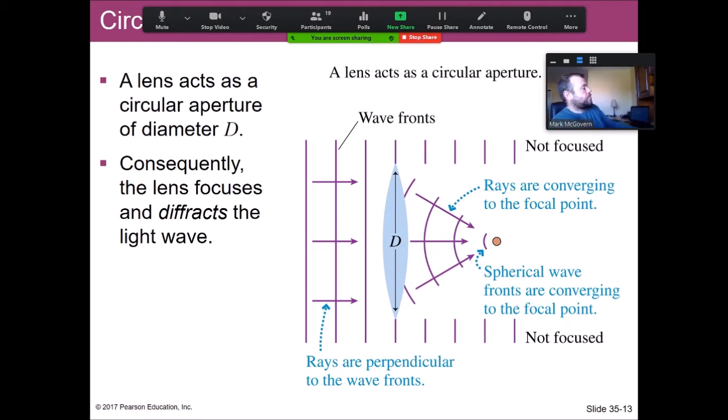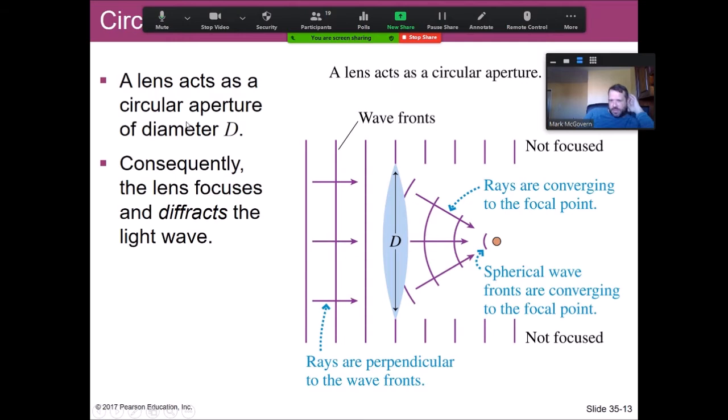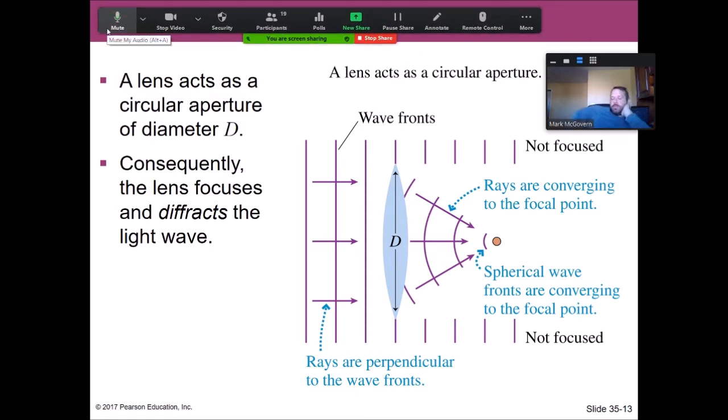All right, so let's look at more of these circular apertures. Now, having a lens set up, what will happen is if you have a wavefront that's parallel, like we normally want to set up for our interference things, and we hit a lens of a particular diameter, that does also represent an aperture.